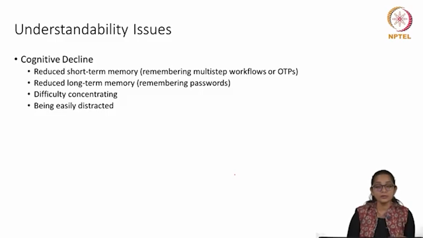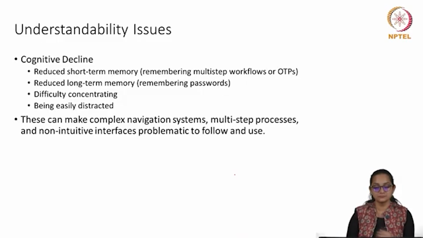Reduced longer term memory can also impact, so maybe they don't remember passwords, for example. They may face difficulty in concentrating, being easily distracted. These can make complex navigation systems, multi-step processes and non-intuitive interfaces problematic to follow and use.